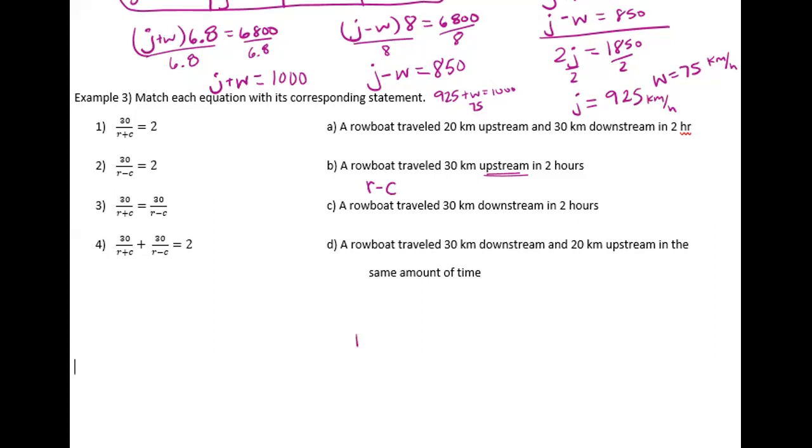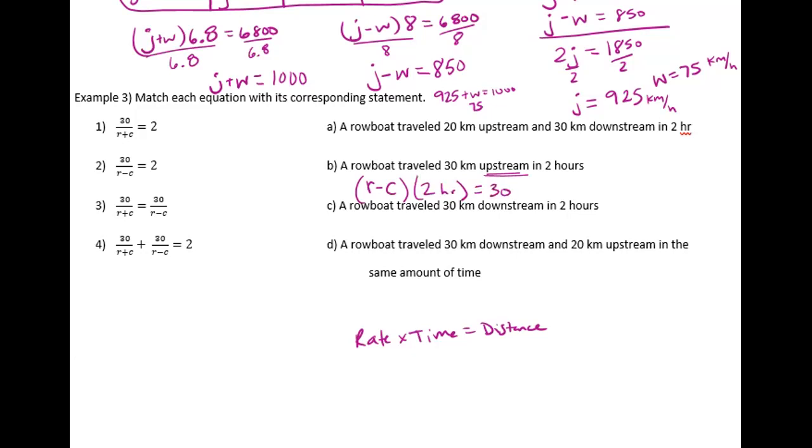Now, our entire equations are always rate times time equals distance. Now, these aren't quite set up that way, but we can figure it out. So this is our rate. Our time would be 2 hours. And we know that it's 30 kilometers is our distance.